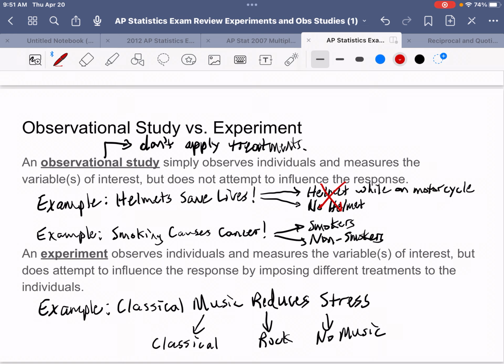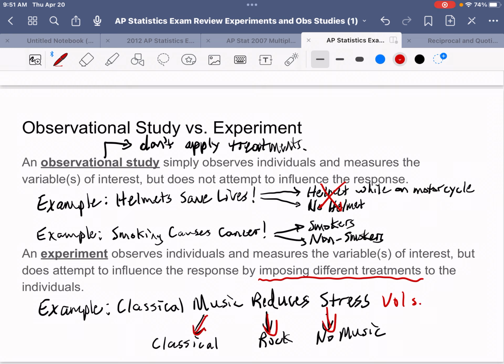In an experiment, the researchers observe individuals and measure the variable of interest, but they do attempt to influence the response by imposing different treatments. So you impose treatments in an experiment. For instance, you want to do a study where you think classical music reduces stress. Could you get volunteers and assign them to 3 groups?